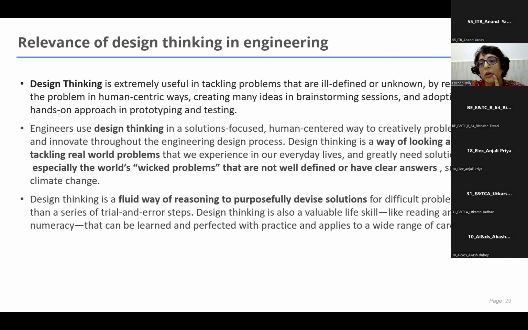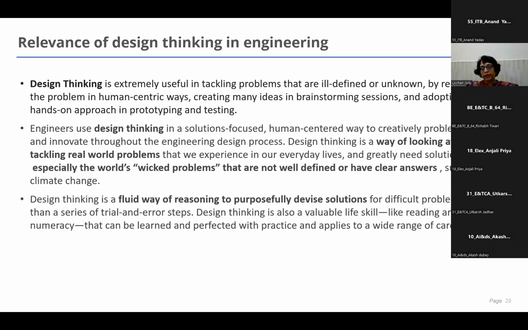I hope you all are there. Or is it only the number that I see? 37. Yes. Yes, Utkarsh Jadhav. What do you say?